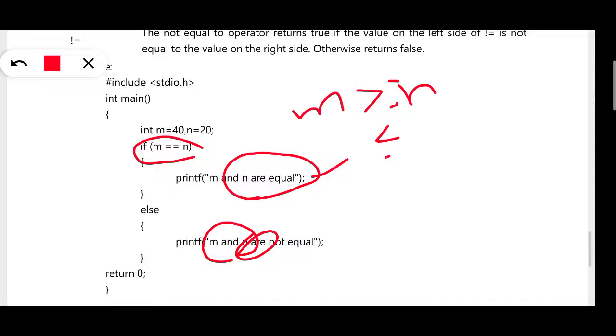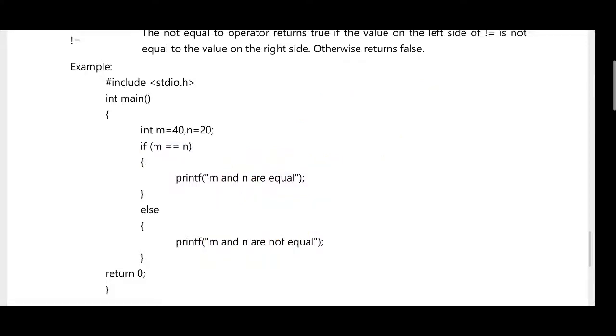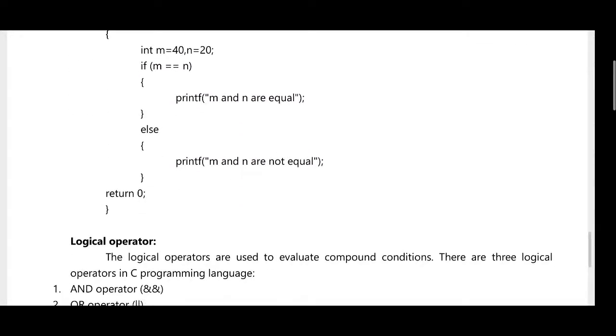So here you can write m less than or equal to n. It is not correct here, so the else part says n is bigger than m. So you can write any operator here. We have to modify the printf.